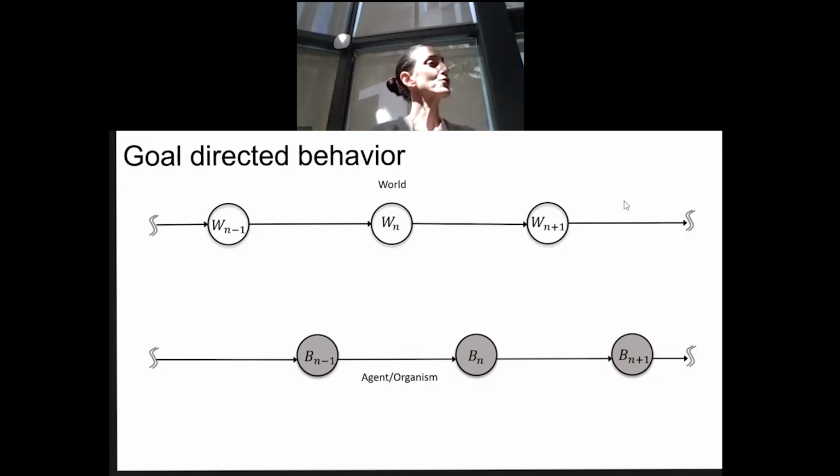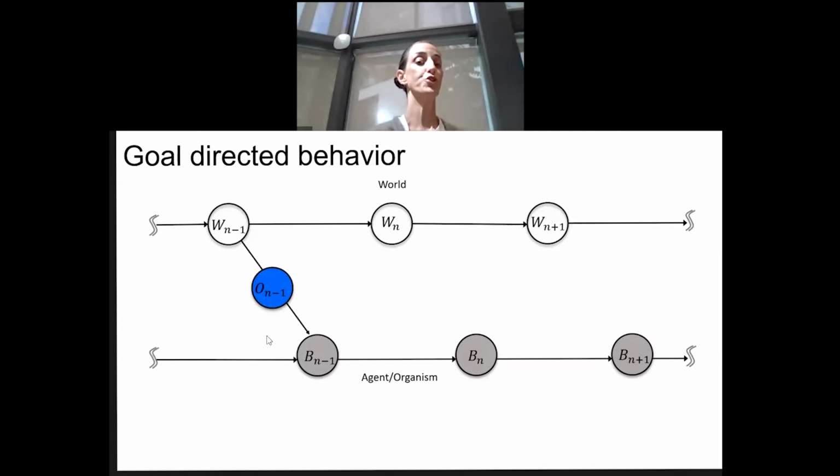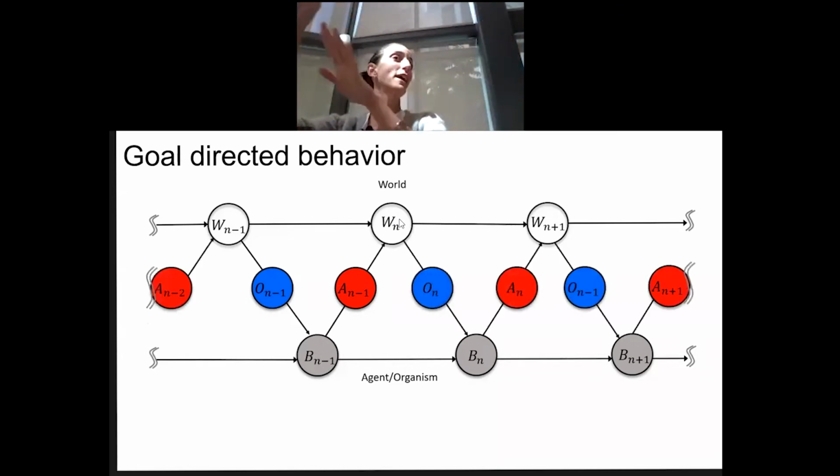And basically the fish or us, we are experiencing the world by observing the world, okay? So there's an observation path which changes our brain activity. And then once we have this brain activity, we are acting upon the world, which again changes the state of the world, and so on. So it's like two Markovian chains that are interacting basically.